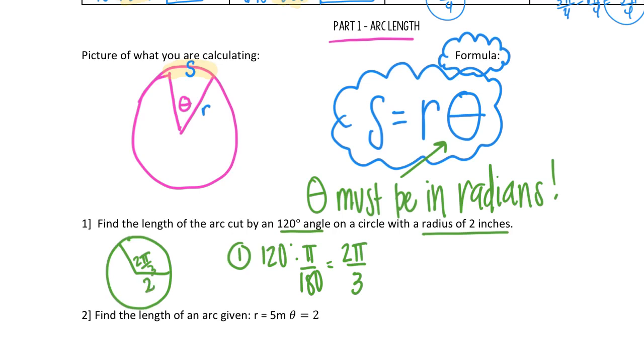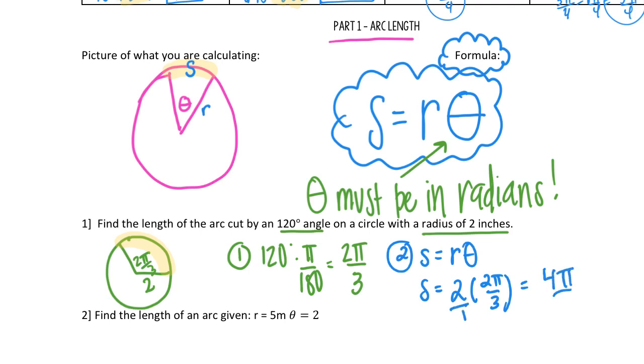So we know our angle in here is 2 pi over 3. We know our radius is 2. And now we're trying to find the length of this arc right here. All you're going to do is use that formula that you see above and plug in. So s is equal to r times theta. We know the radius is 2. We know theta is 2 pi over 3. You can stick that 2 over 1 and multiply straight across to get 4 pi over 3 inches.